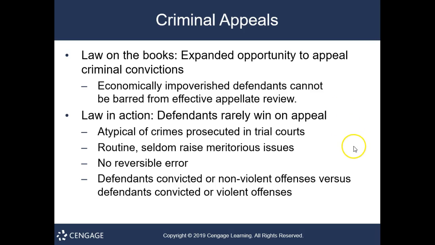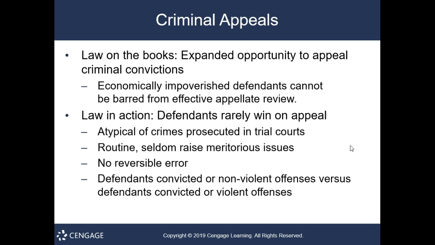And it's very rare that we'll get reversible error. Very rare. It happens, but it's very rare. Generally with the scope of review, which is not always de novo, it's sometimes clear abuse of discretion, there aren't many errors. And whenever errors are found, we have to ask ourselves, once we see an error, whether it would have made a difference in the case.